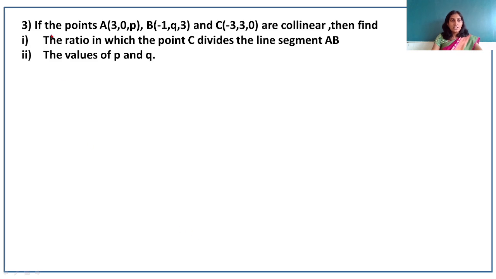Then next example, if the points A (3, 0, p), B (minus 1, q, 3) and C (minus 3, 3, 0) are collinear, these 3 points are collinear, then find the ratio in which the point C divides the line segment AB and the values of p and q.